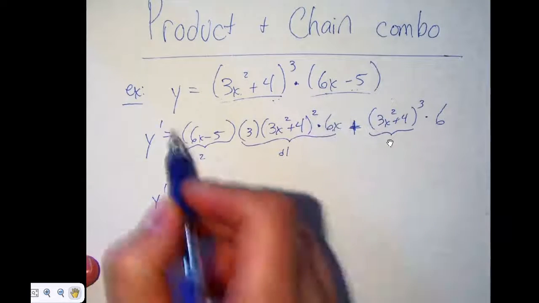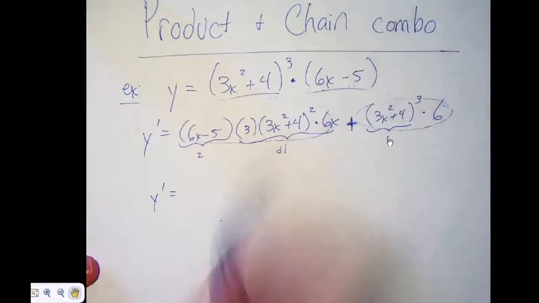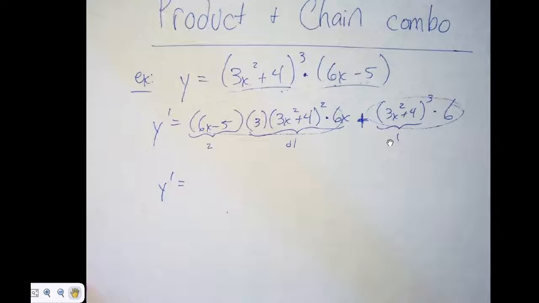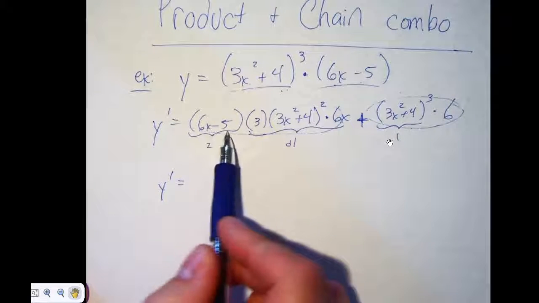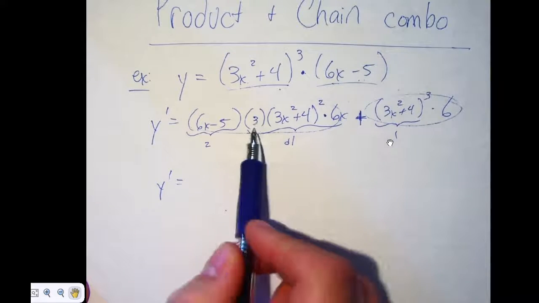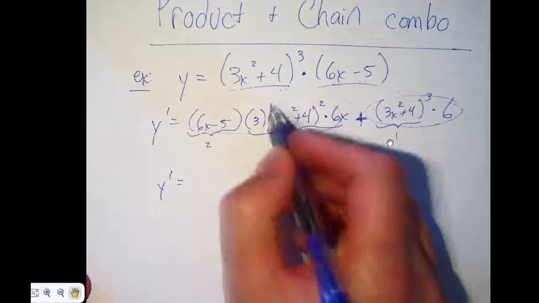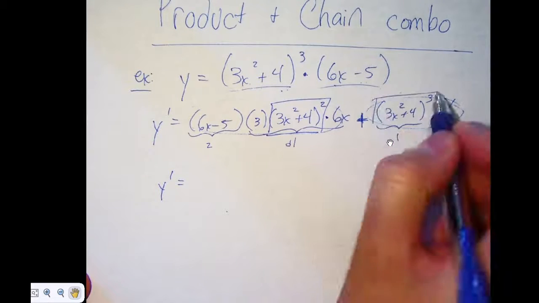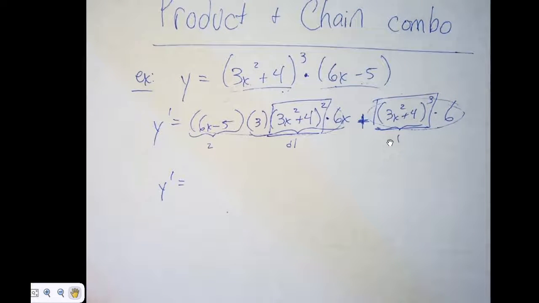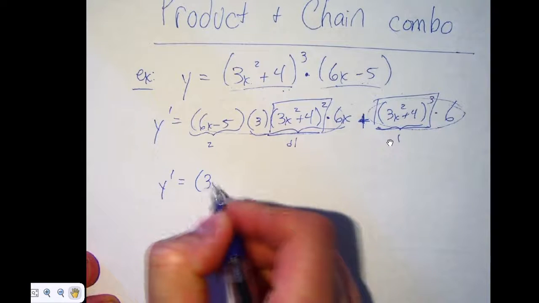This is all one term. This is all one term. What they want you to do is look at what chunk is in both terms that you can factor out in front. So there's no 6x minus 5s in this chunk. The 3 and the 6x, I don't really care about those. Those are minor. But this, there's 2 of them there, and there's 3 of them there. So I can take 2 of them and factor them out and put them in front.